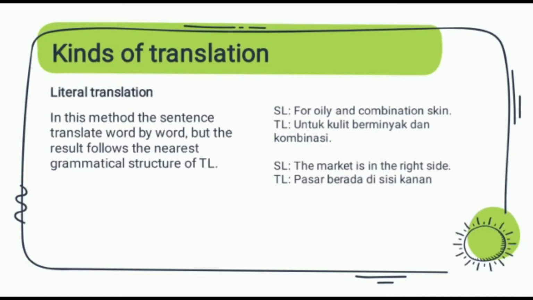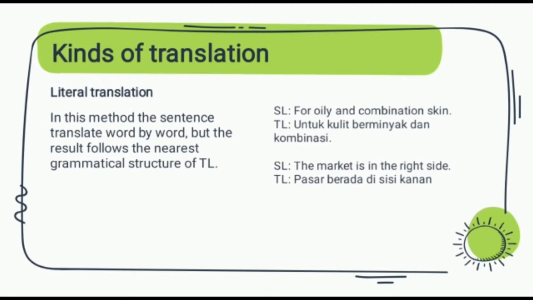The target language of this translation can completely express the meaning that occurs in the source language, which tries to convey that the product is specialized for those who have oily and combination skin. And the second example is the market is in the right side. So, the target language is pasar itu berada di sisi kanan.